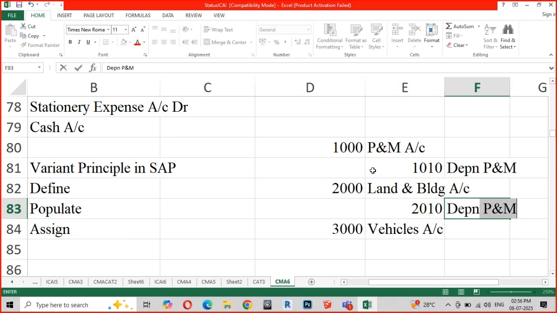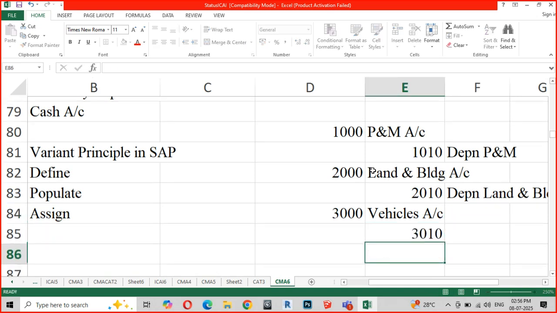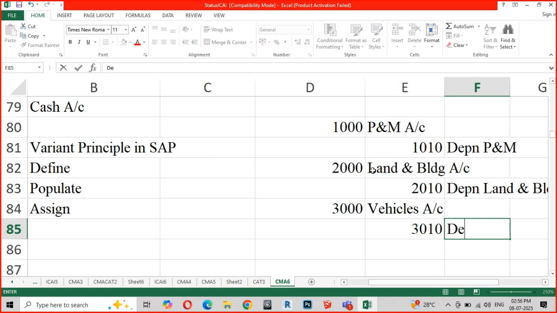Of course, you don't have depreciation for land and building, but I'm just assuming. Are you getting this?